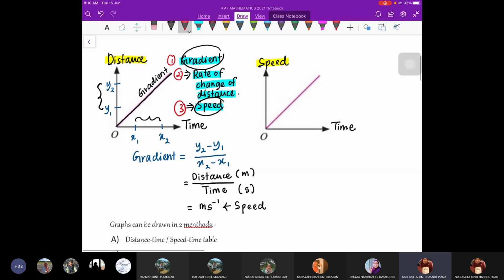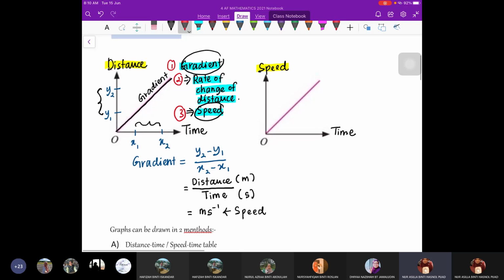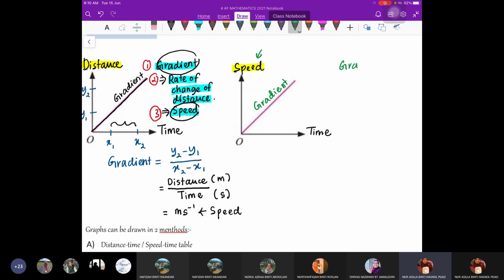Okay, speed time graph, dia ada juga gradient. However, gradient for speed time graph does not give you speed lah, sebab y-axis dia dah speed. Okay, jadi what the gradient gives you is acceleration.